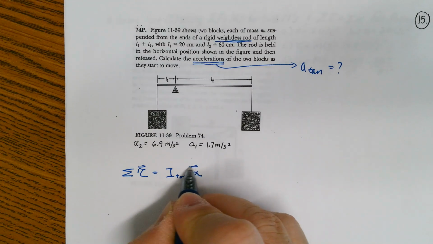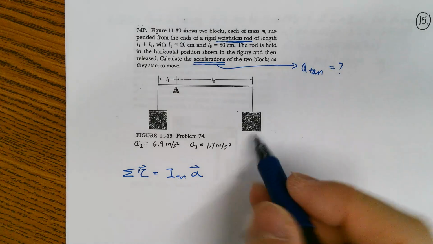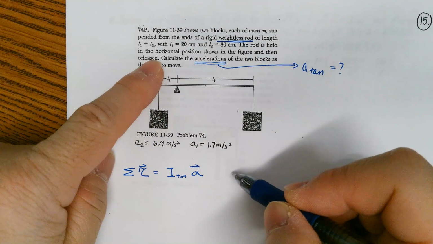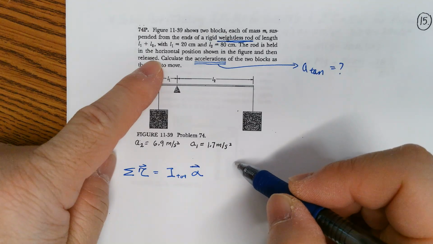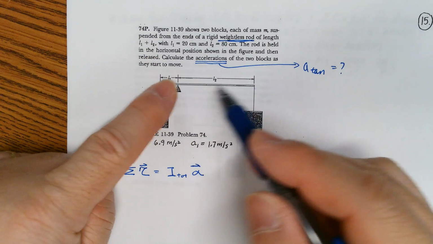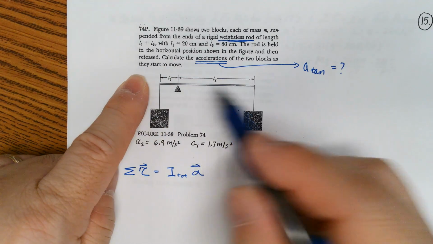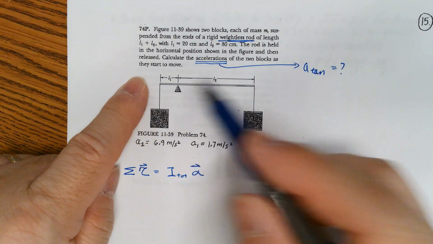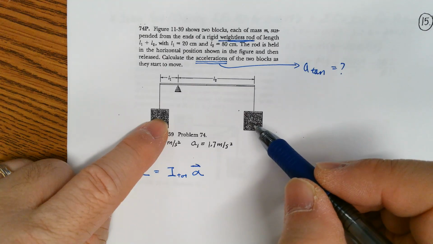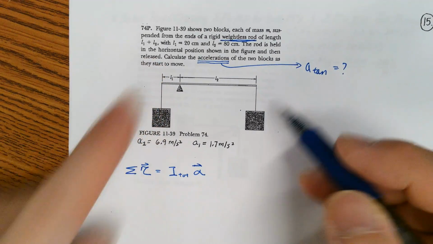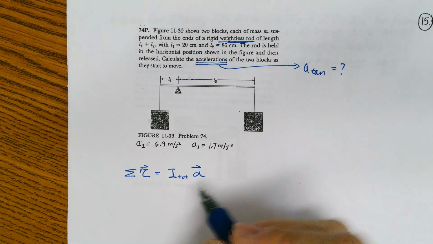Now, alpha is the same for both of these because they rotate at the same rate, even though their locations are different in meters as far as the radius is concerned. So the rotational, or angular, acceleration is the same for both.